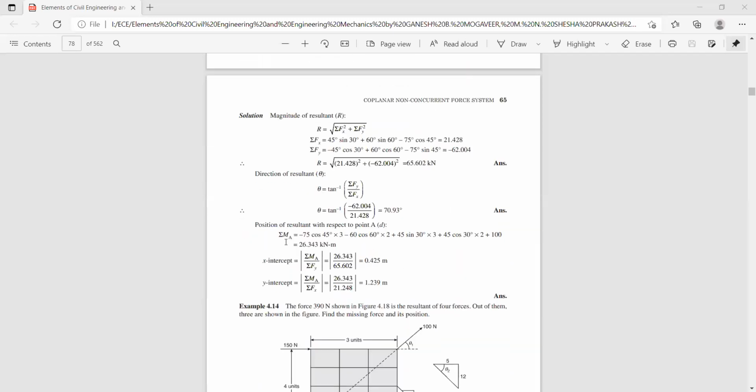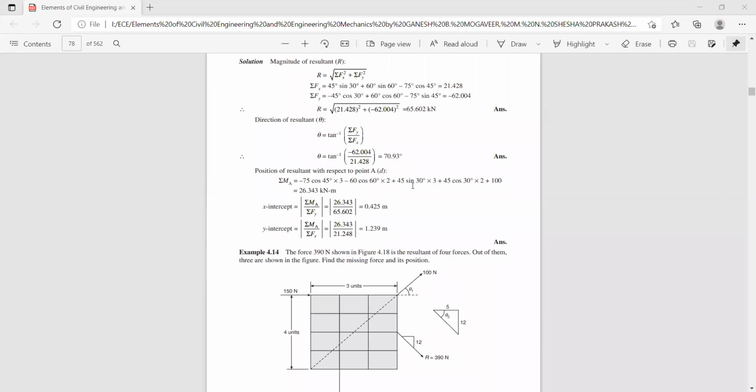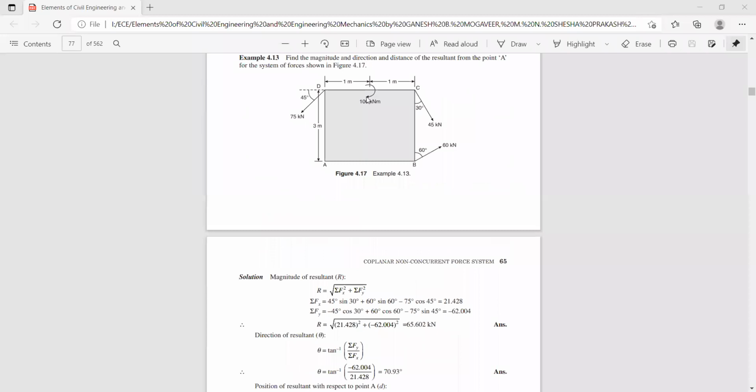So now let us check. Sigma MA: minus 75 cos 45 into 3 minus 60 cos 60 into 2. So here he has taken it as 60 cos 60, correct? Anyway, either you can resolve with respect to x-axis or y-axis. Here, this moment he has directly taken, considering its direction, it is 100 kilonewton meter.